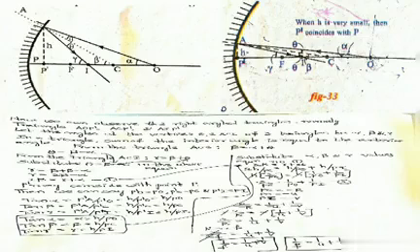We know that in a triangle, the sum of the interior angles is equal to the exterior angle. So, in a triangle, the sum of the interior angles is equal to the exterior angle.